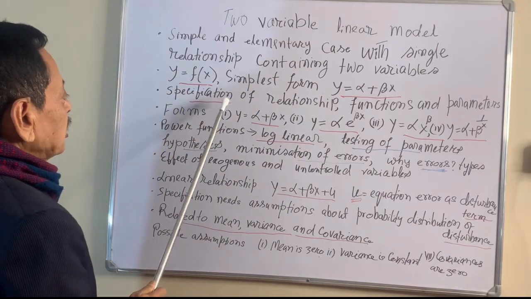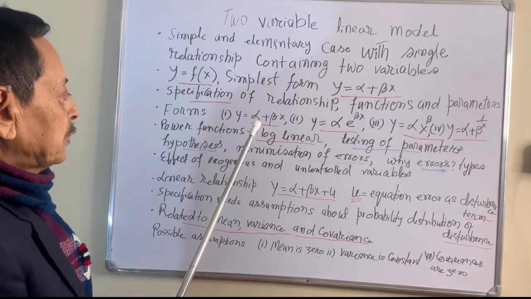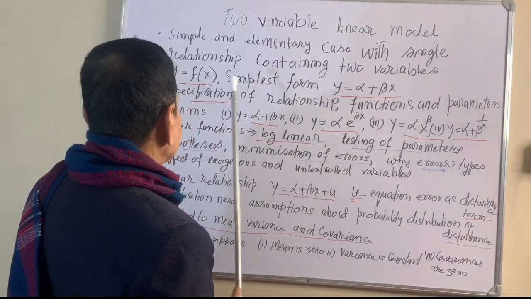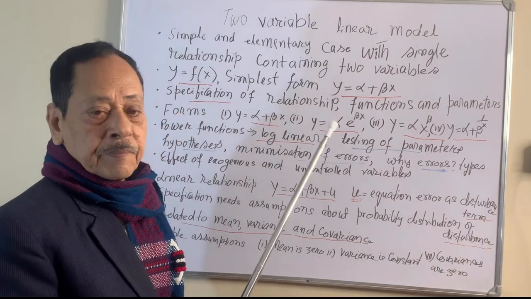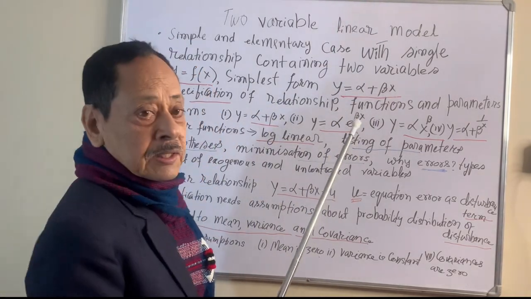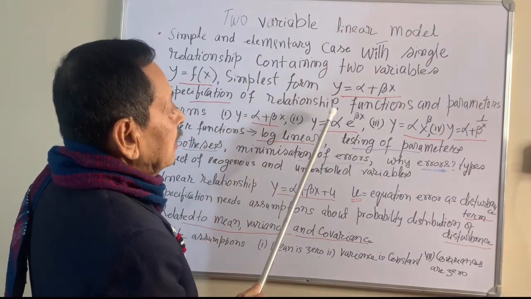Now there are different specifications of the relationships in different ways. Y is related with x. It is not always true that y is a function of beta x, but there are different forms.